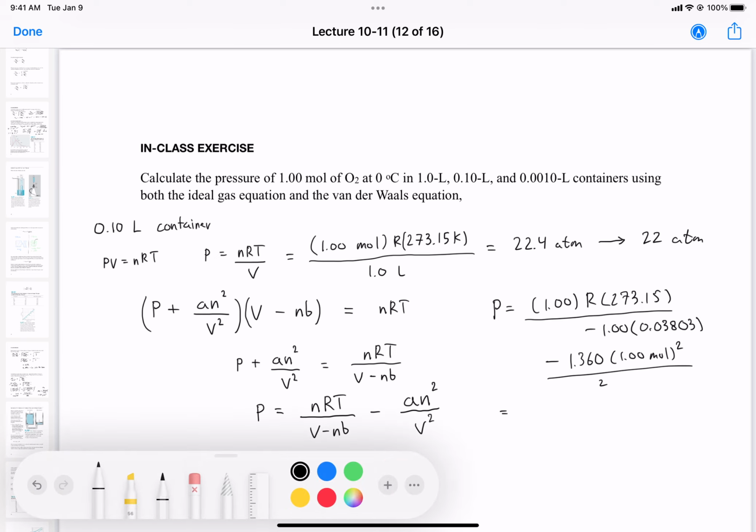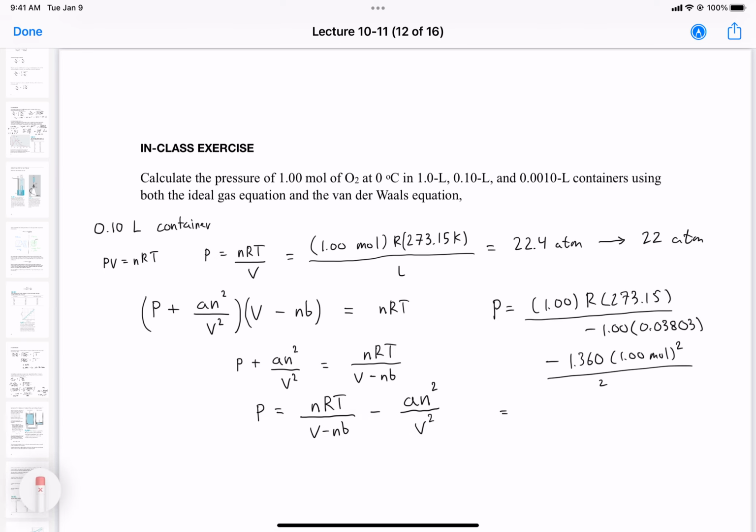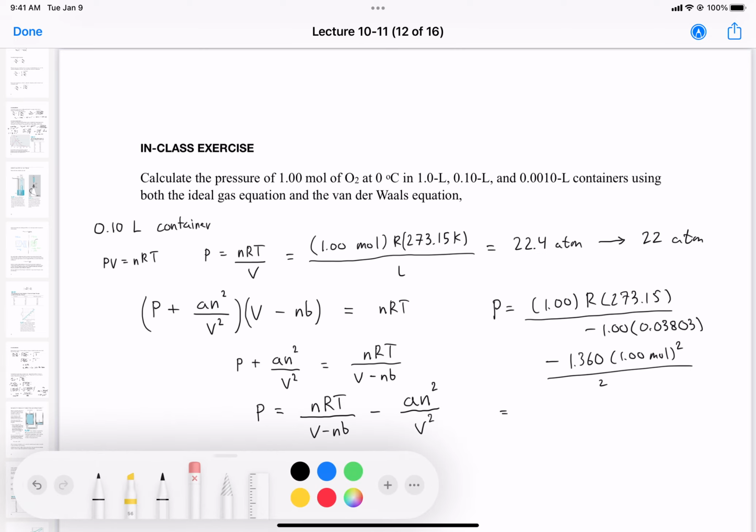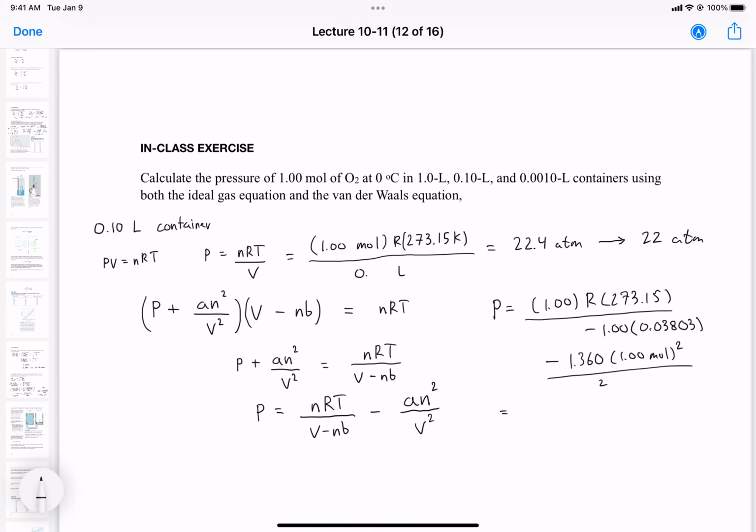Okay. So in this case, we're going to change the volume here to 0.10. Okay. So when we do that, we get 0.08206 times 273.15. Now when we do that, our pressure here is going to increase by a factor of 10, right?